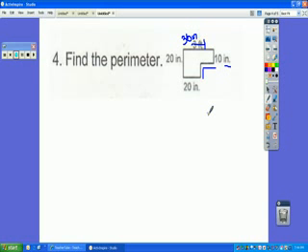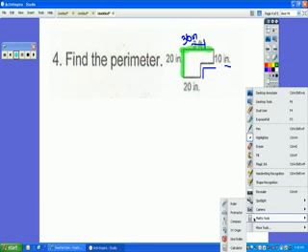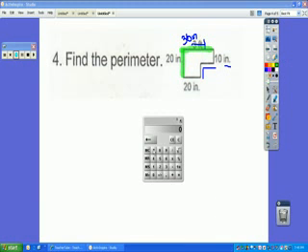So if I want to look for the perimeter, I'm only going to use this data here. This side and this side. Because 36 plus 36, because the difference will still be 36, because this will be 16.